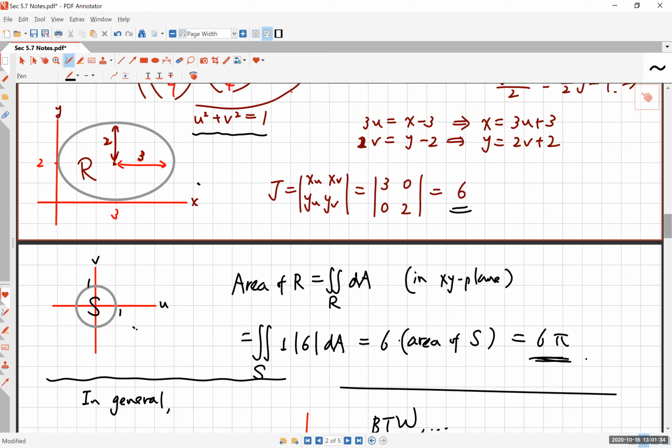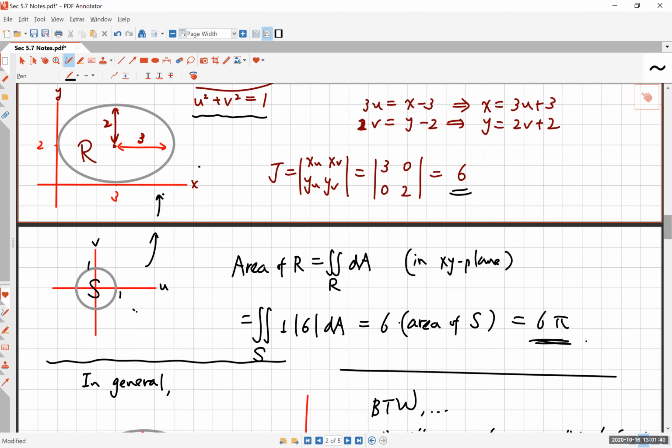In other words, as you go from the UV world to the XY world, which is the right direction of the transformation, the size becomes 6 times as big. All right. So this area here was pi. Area here is going to be 6 pi. This is the factor by which you would have to multiply, and that's pretty typical in what the determinant is going to show you. And you will see a hint of this as you take linear algebra, I think.